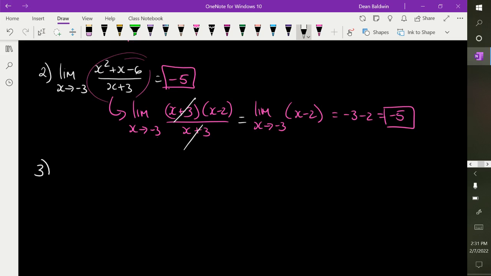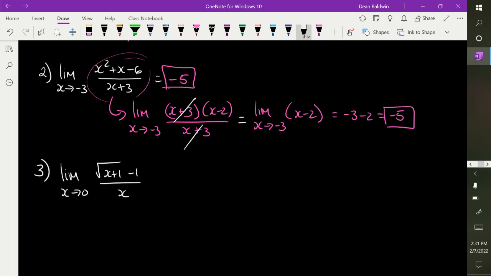The other example that he gave is if you have radicals, so something like this. Clearly, if I put in x is equal to 0, I'm dividing by 0, the whole thing blows up. So what we do is we use the idea of difference of squares. And I think I showed my Math 12 class this when we were doing trig proofs.